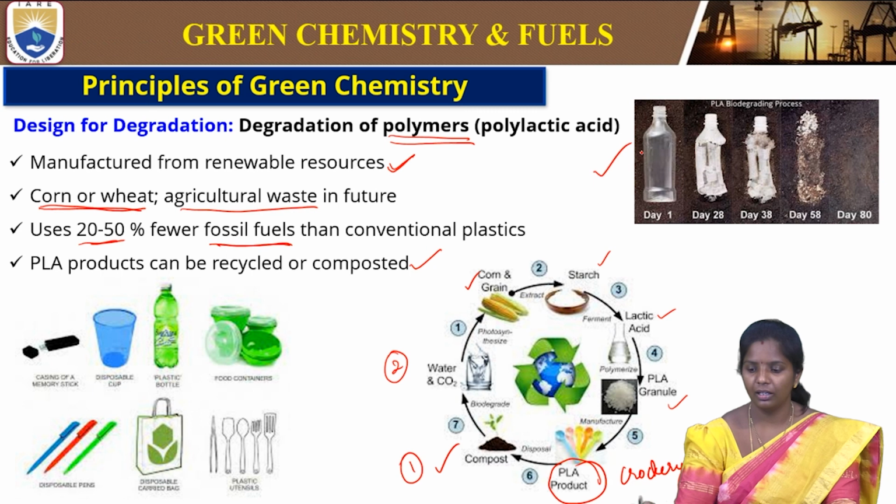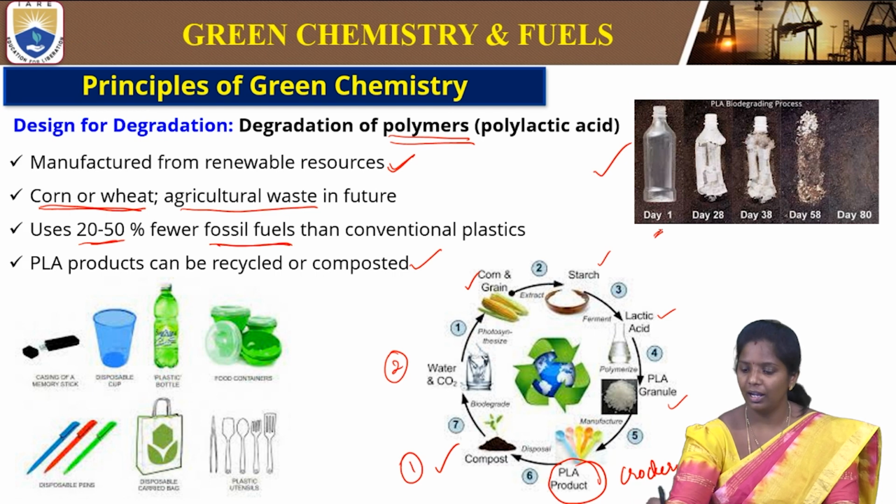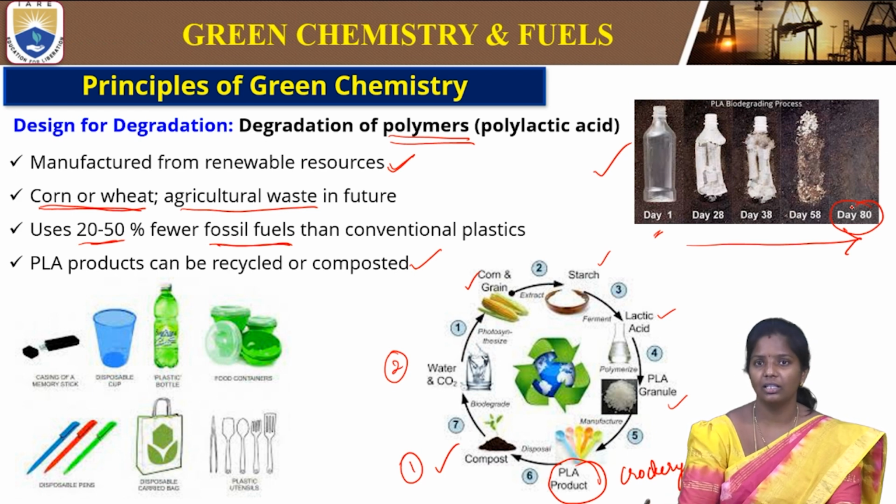If we see the biodegradation of polylactic acid, this bottle on the first day will be like this, and gradually the degradation will occur by 80 days. Within 80 days there is a degradation happening for this polylactic acid crockery generated from the agriculture waste. So this is how we design the products for better degradation.